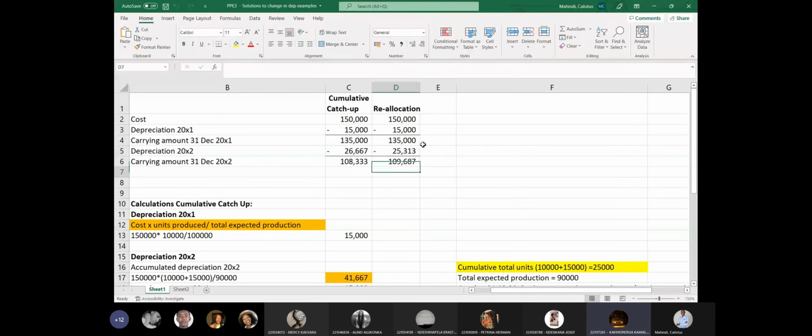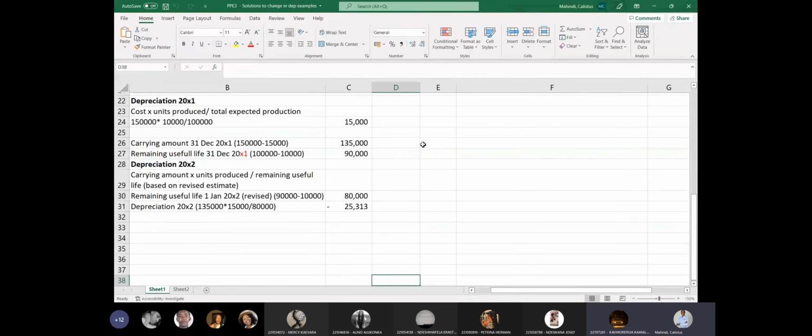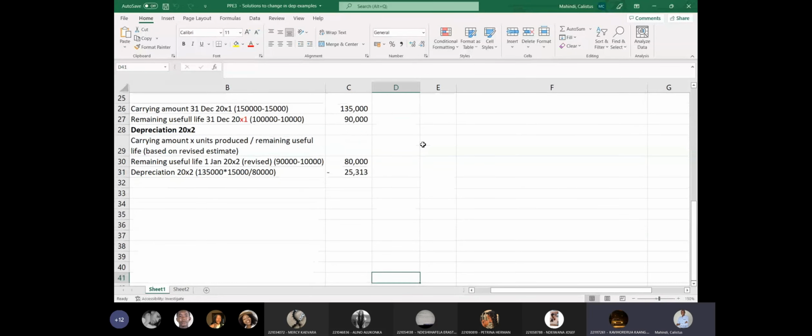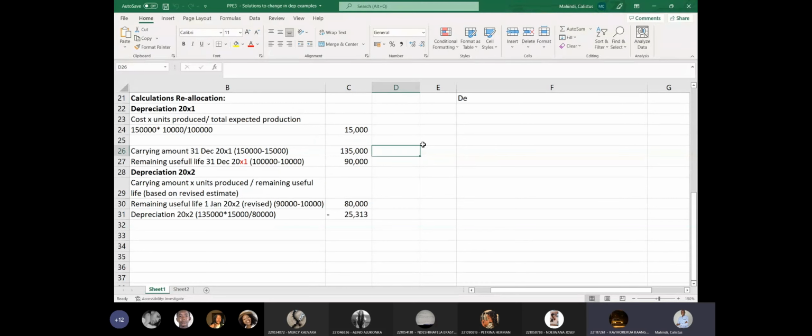The carrying amount for 20x1 is 135,000. That is the cost price of 150,000 that we were provided with, minus the 15,000 depreciation for that year. Now the remaining useful life at 31 December 20x1, what is that amount?